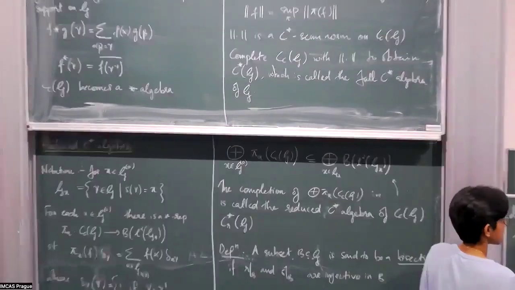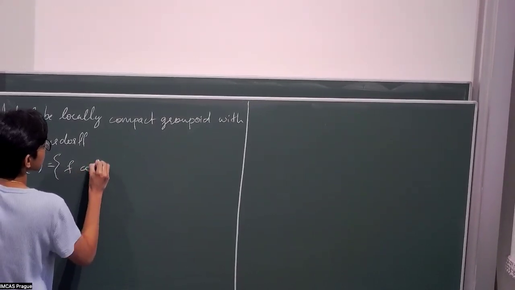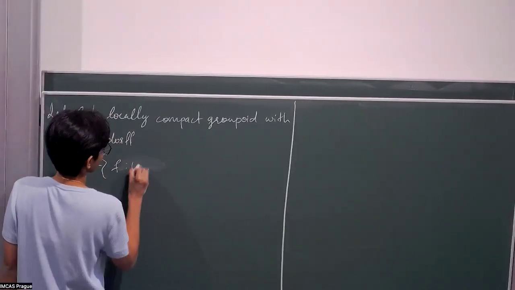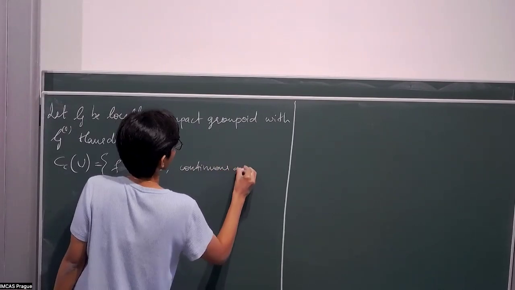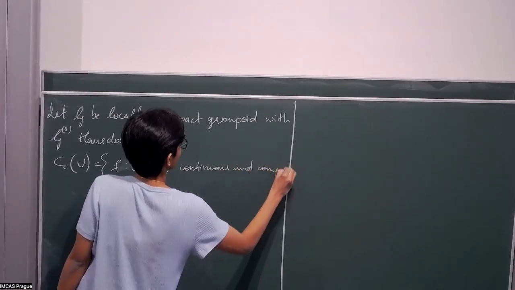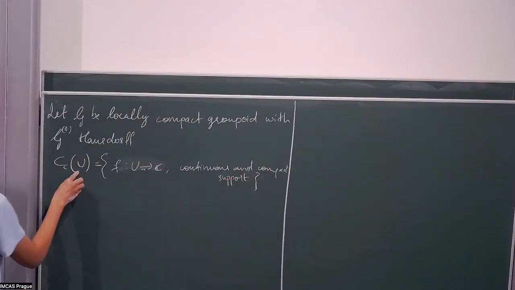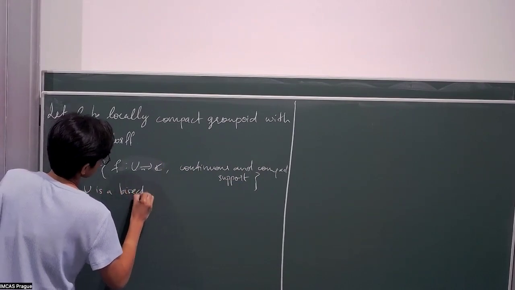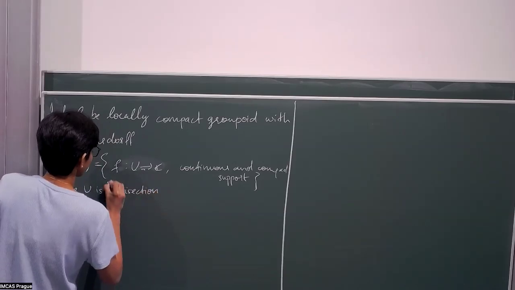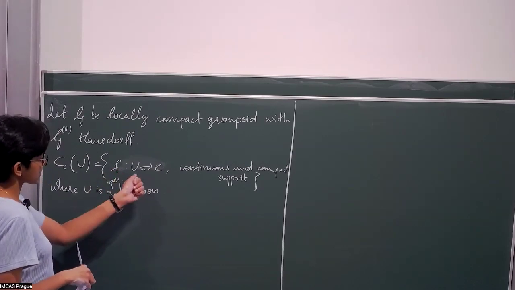We take Cc of U, which is just the collection of all f from U to C such that it is continuous and compactly supported, where U is a bisection. So you take an open bisection, and then you just consider the continuous compactly supported functions in this space.